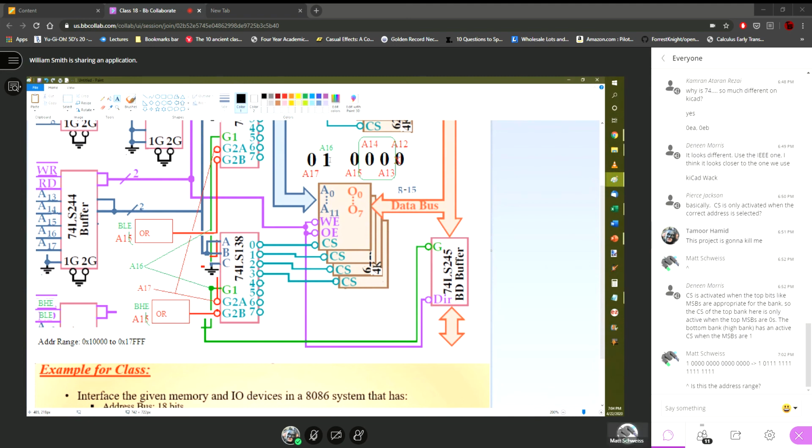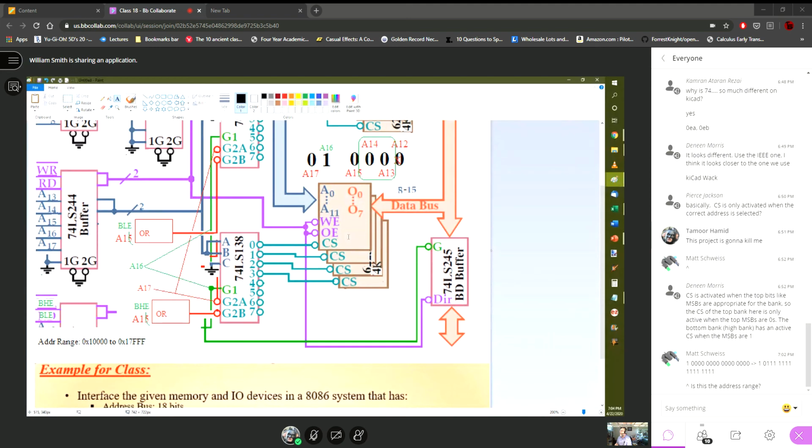And so if A16 is a 0, then this G1 is going to be a 0, so neither of these buffers are going to select the chip selects. So the write enables and the output enables to these memories are going to be popping around, but the chip select's not going to be happening to any of those memories, if you've got an address less than 10,000 hex.